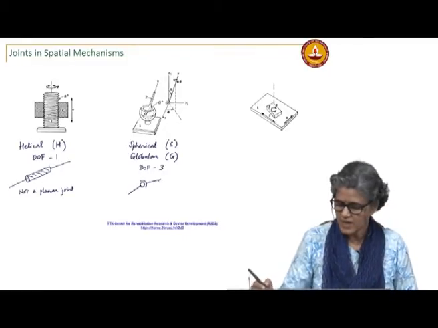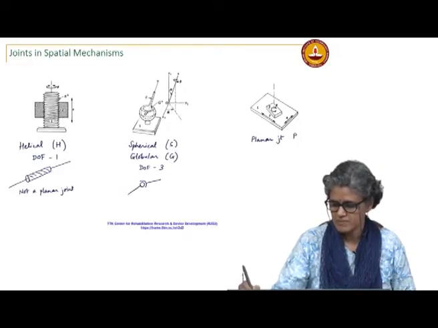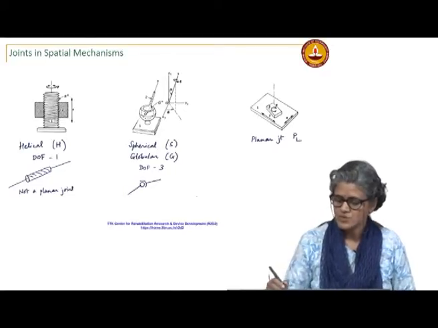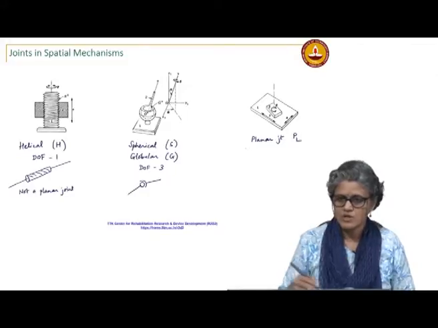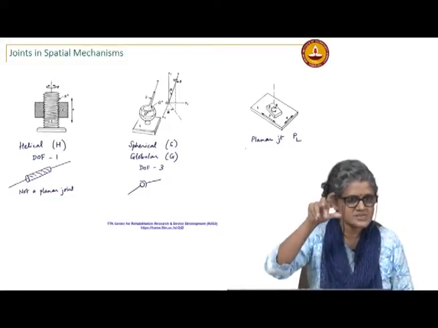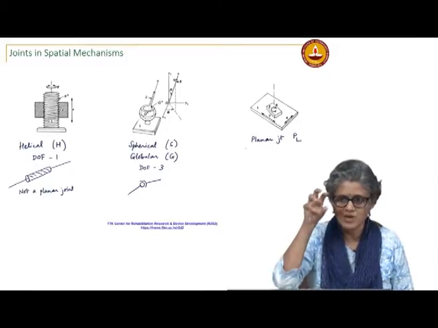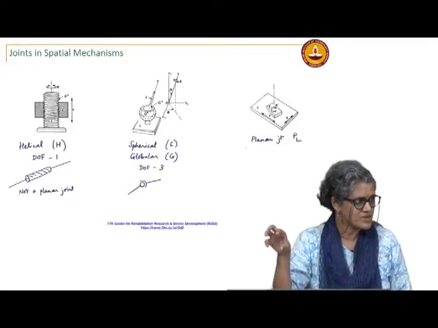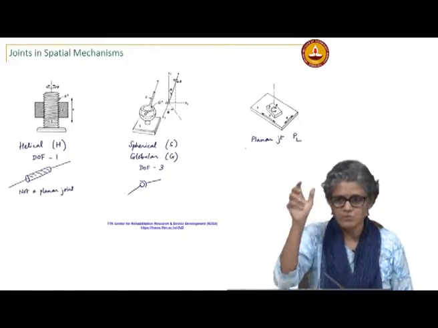Okay. And this is the planar joint. In your mini drafter, the scale that is connected, as it is moving, you have the rotation as well as the translation of that. So, that is an example, or a duster on a board.